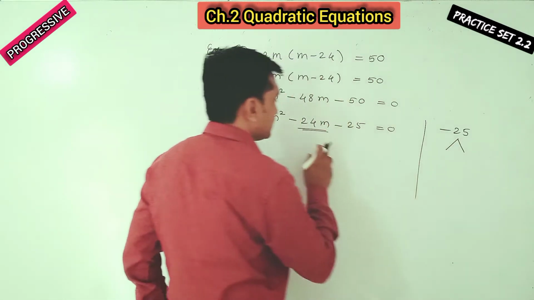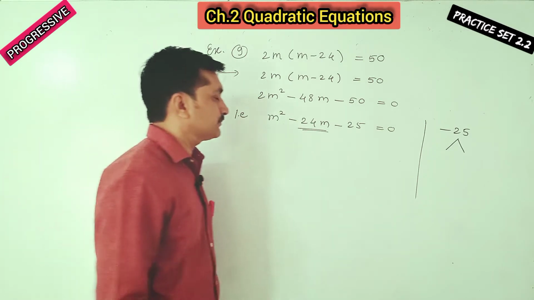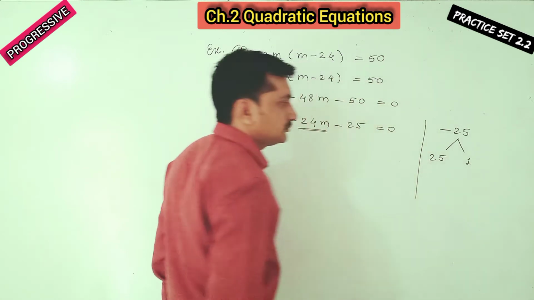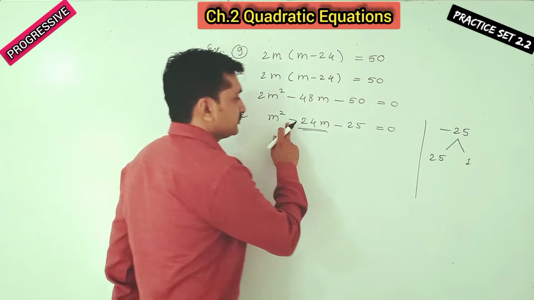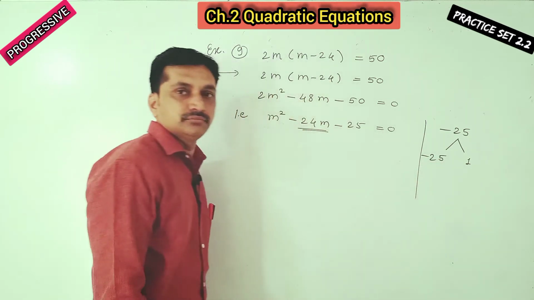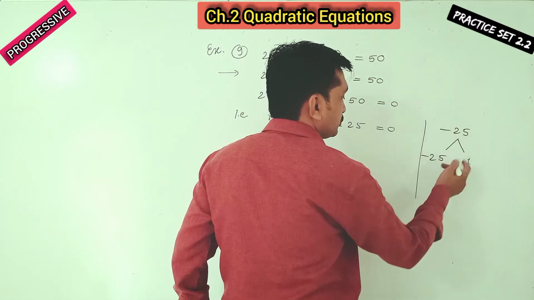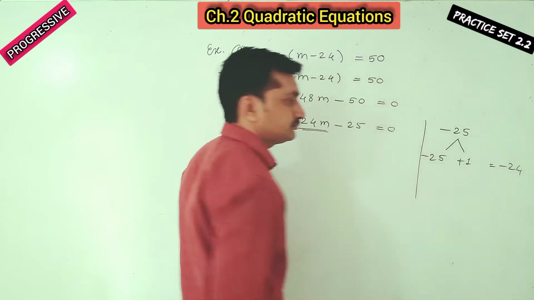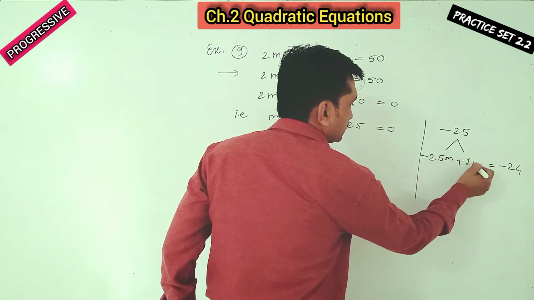Factors of 25, sum or difference should be 24. Therefore here 25 ones are 25. Middle term sign give always to bigger factor. If product is negative, opposite sign. Now its subtraction is minus 24. Means it is correct. And variable is m.